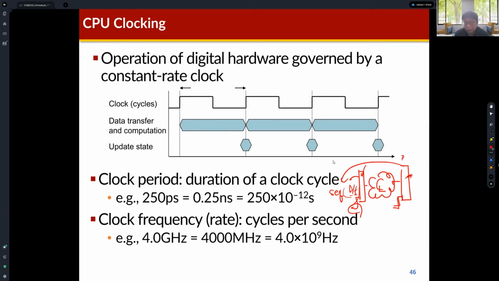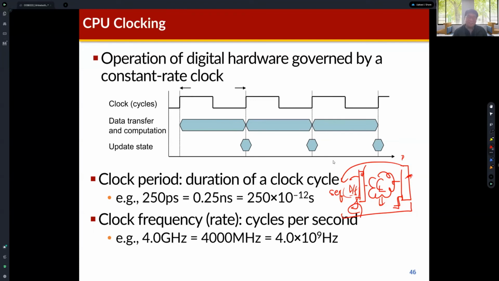So the processing time of this combinational logic should be within a clock period of this digital system.